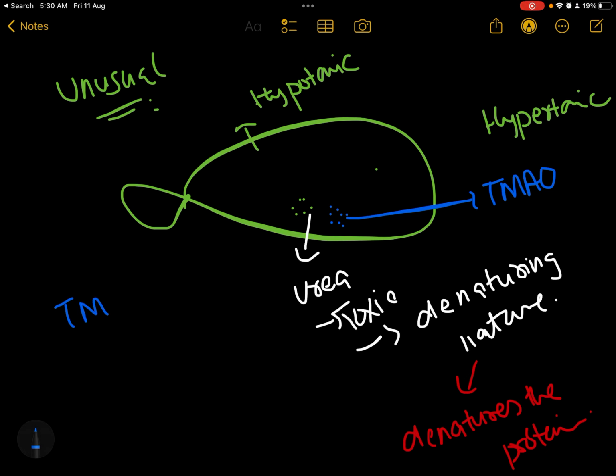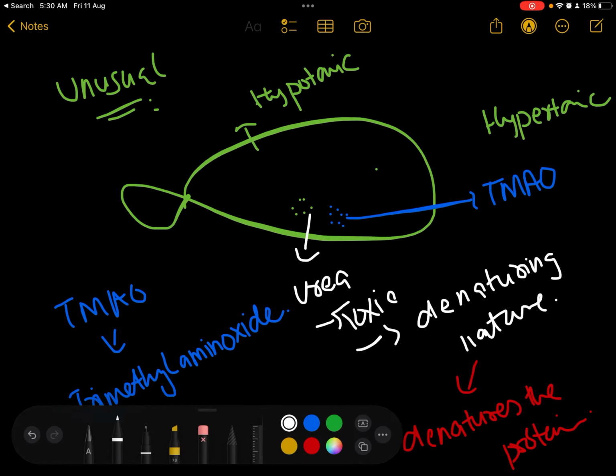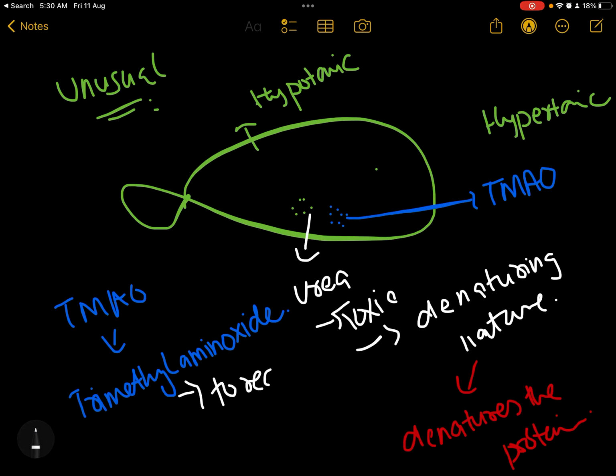TMAO stands for trimethylamine oxide. It is produced in their body in order to reduce the toxicity of urea.